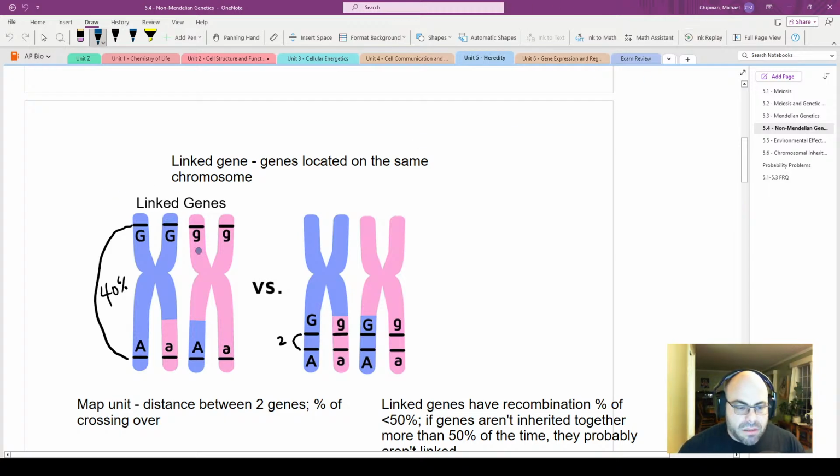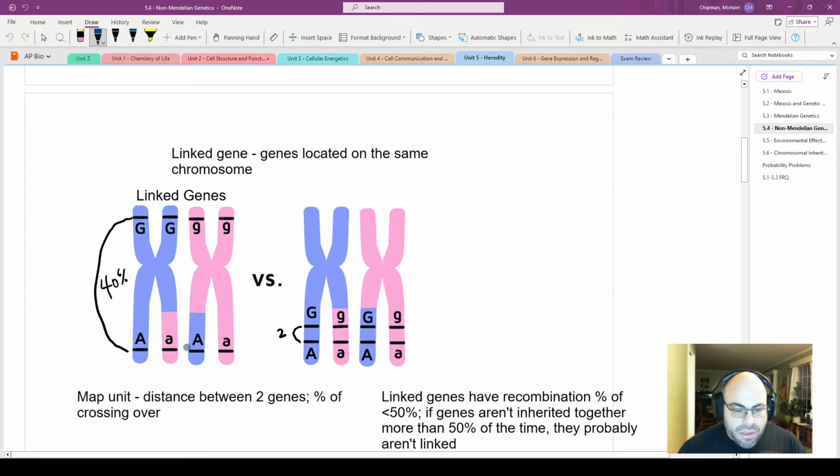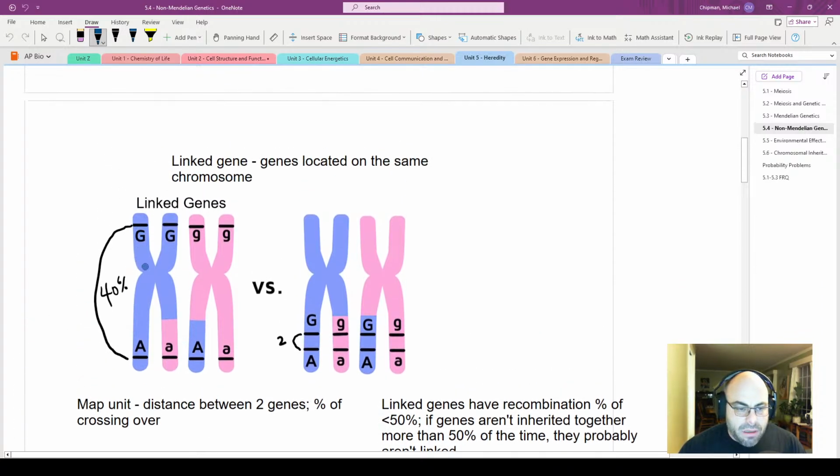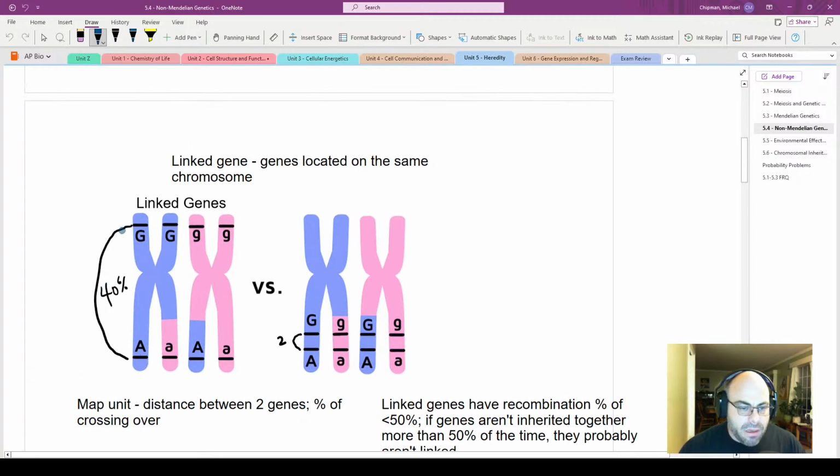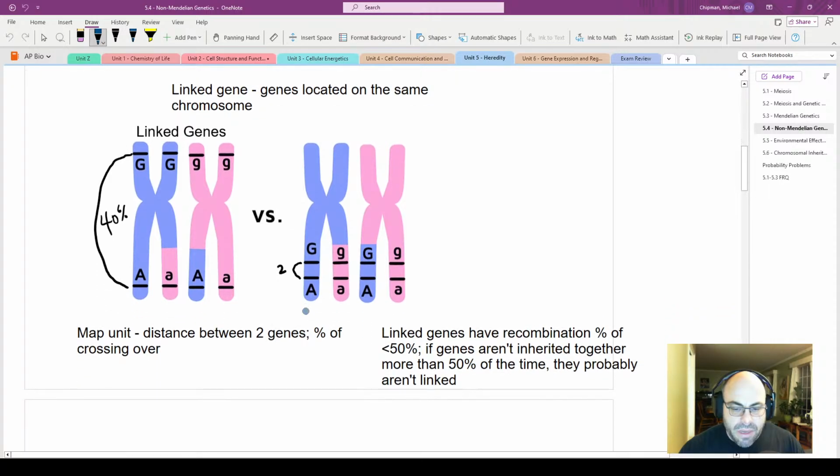So, linked genes, map units. A map unit is like the distance between, the percentage of crossing over. So what does that mean? G and A cross over 40% of the time, and so the map distance is 40. I just literally haven't seen it on exams.